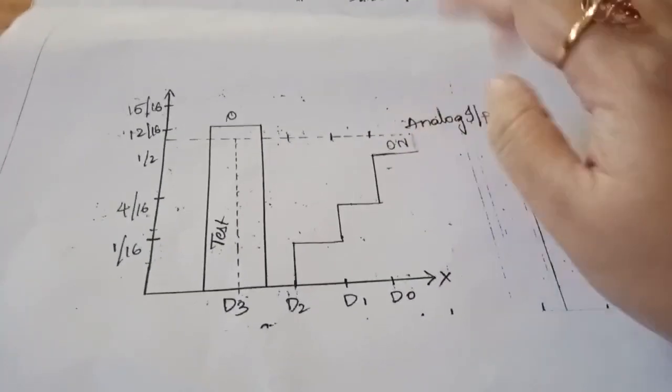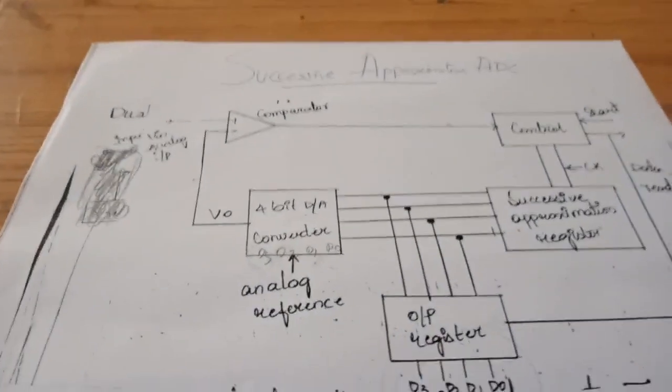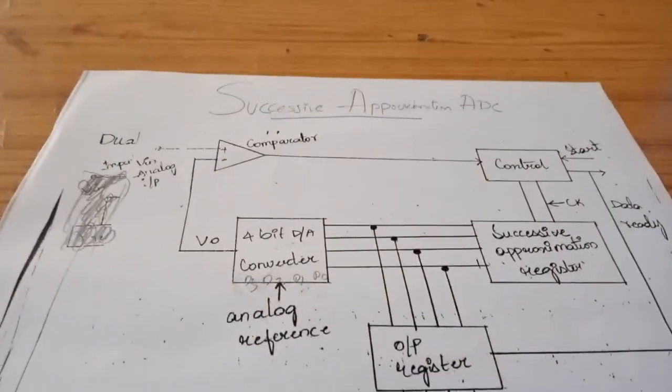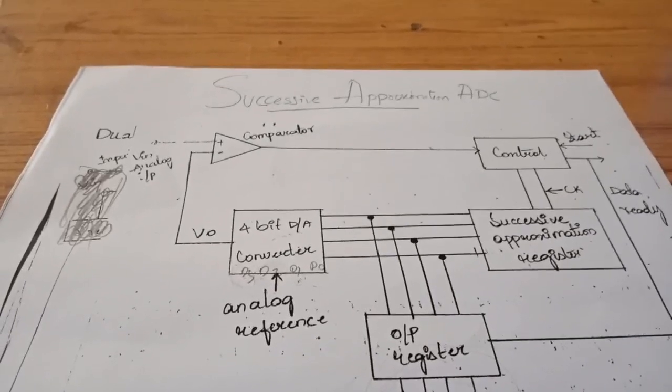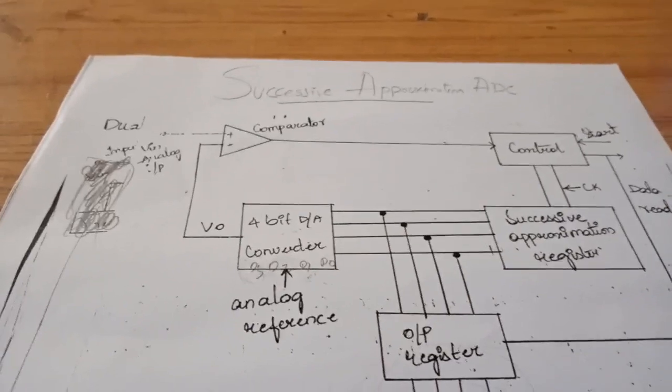Finally it will stop here. So it is just the checking procedure till you get the successive approximation. Mostly at last you will get the successive approximation. Simple method. This is what you have to write in the successive approximation method.